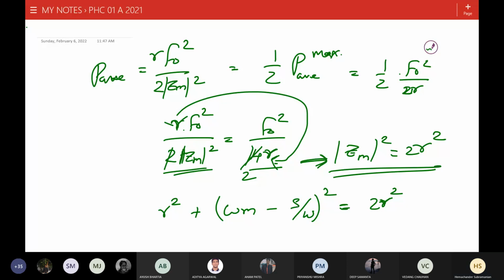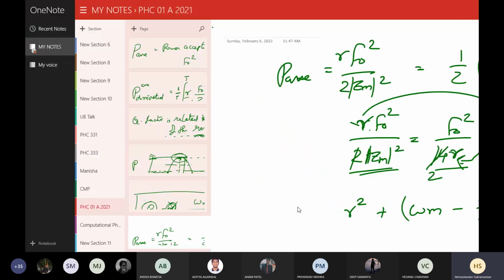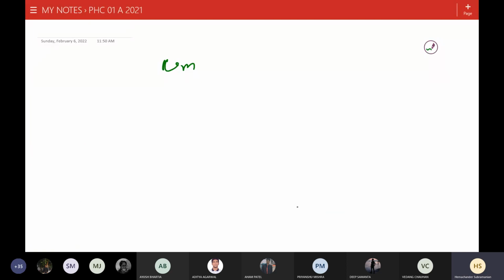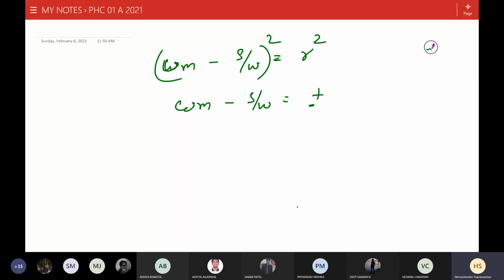Okay. Good. So omega m minus s over omega, squared, equals r squared. So omega m minus s over omega equals plus or minus r. Right? So one of these roots will give you omega 1 and the other root will give you omega 2.